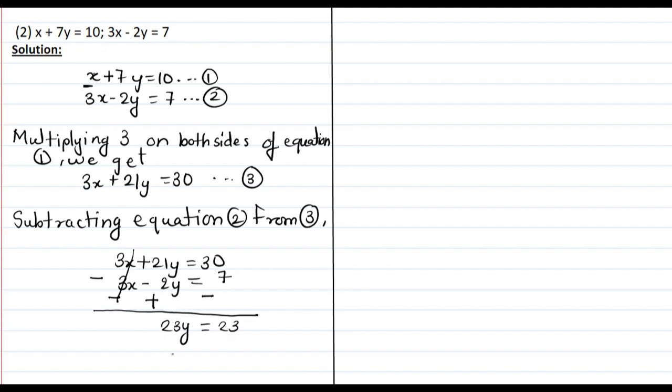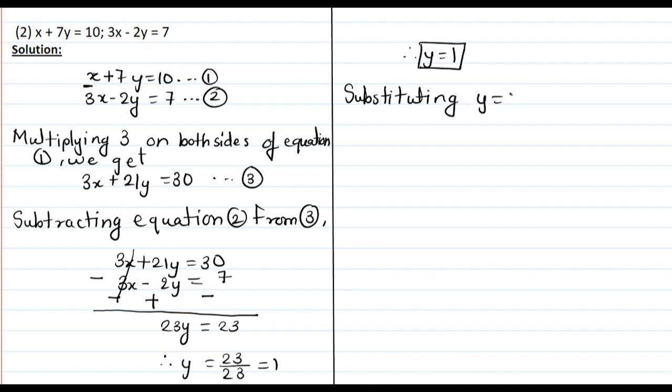This 23 will get shifted to the other side. So therefore, y equals 23 by 23, equals 1. So we got y as 1. Now by substituting y equals 1 in equation 2, I'm selecting equation 2 this time.